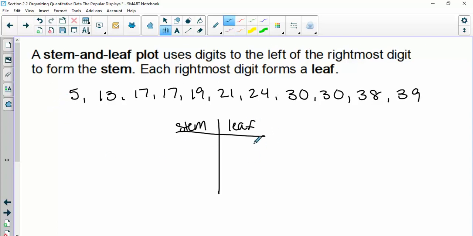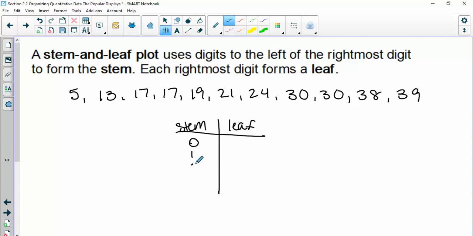The leaf is only 1 digit, so if my number was like 105, the stem would be 10. If it were like 2,225, my stem would have to be all this. So the stem is everything except the last digit. So 5, if that doesn't have a tens spot, what would my stem be? 0.